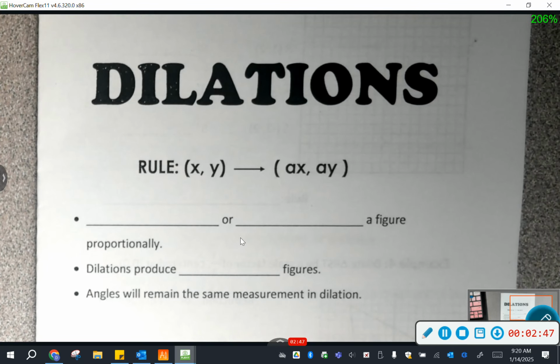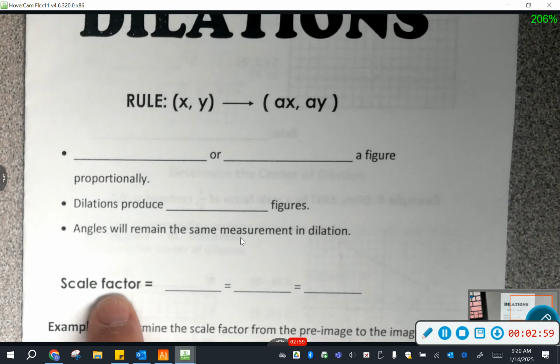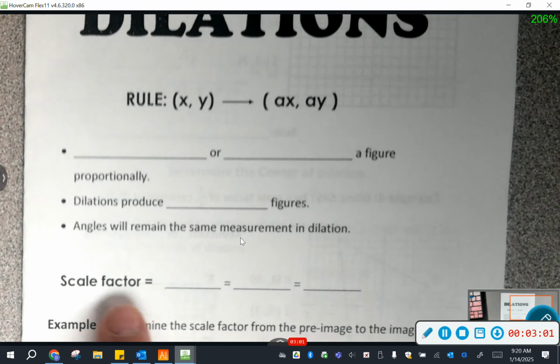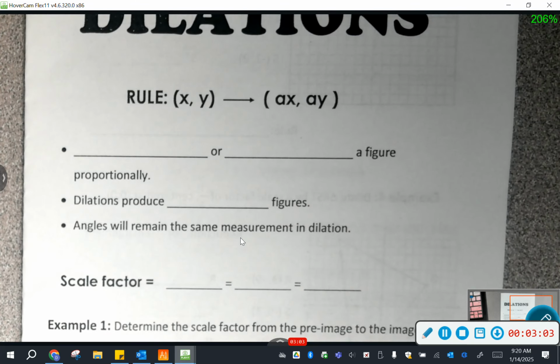A lot of today, most of today, is going to kind of be a review. Do y'all remember before, I know it's been a while, but before Christmas, about a month ago, we learned all about scale factor? And we learned about enlarging and reducing. That's what today is going to focus on.